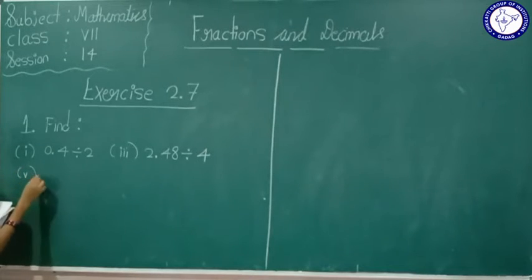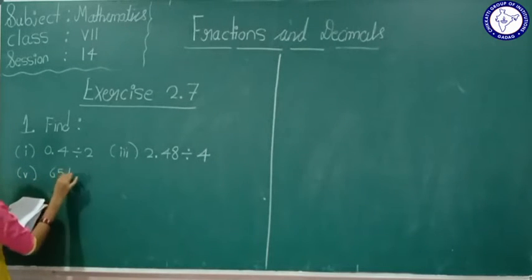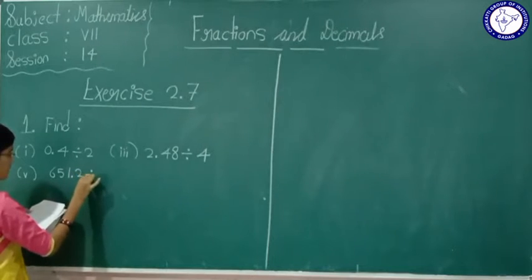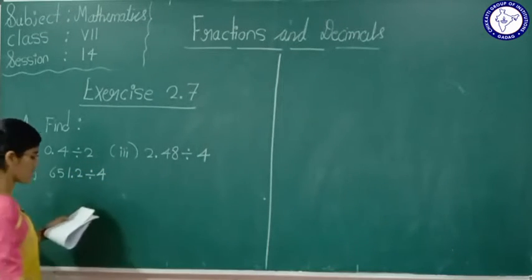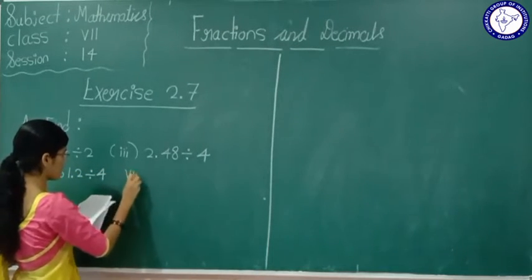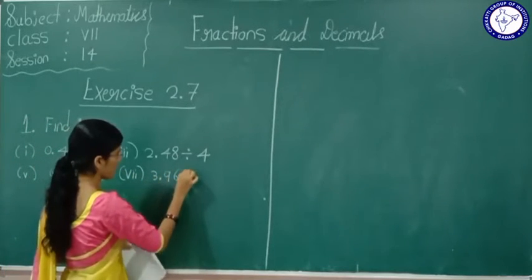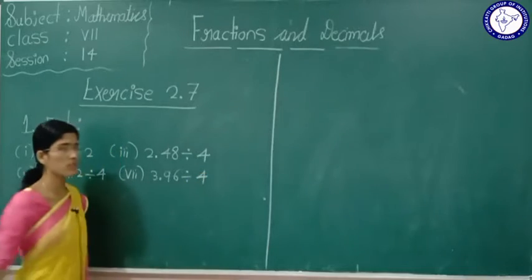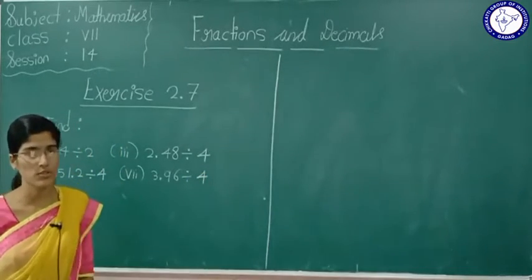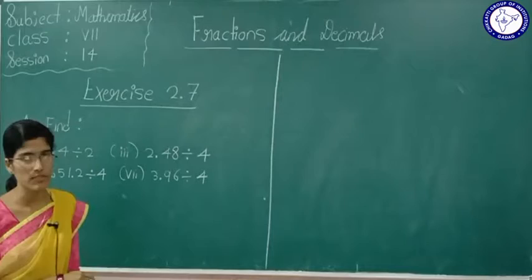Fifth one, 651.2 divided by 4. So seventh one, 3.96 divided by 4. Now see students, only a few problems I am going to solve here, okay? The rest all you have to do.